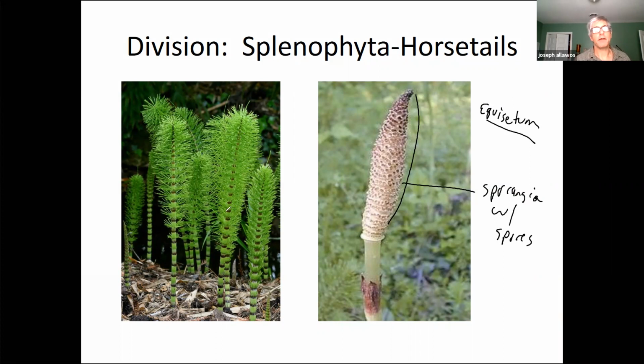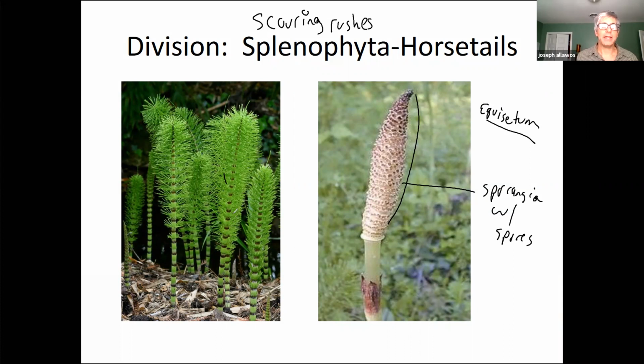Okay. Here again, why are they allied with the ferns? Well, they're allied with the ferns because they have the same life cycle. These are commonly also called scouring rushes. And they're called that because they have this strange thing that they do where they take up silica or sand from the soil.